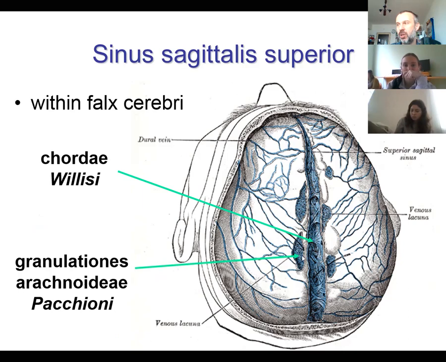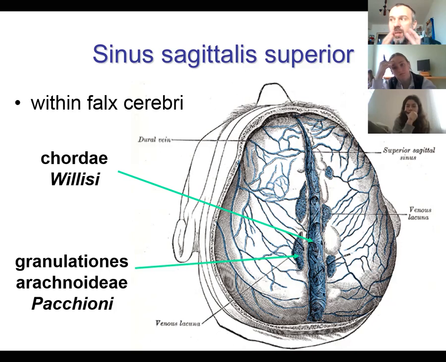If we have an injury here, inflammation and formation of a scar, then it can cause reduced absorption of cerebrospinal fluid. And what is the cause of hypertension of cerebrospinal fluid? Do you have any idea what happens if you still have production but no absorption? Because it's a fluid, it is incompressible.